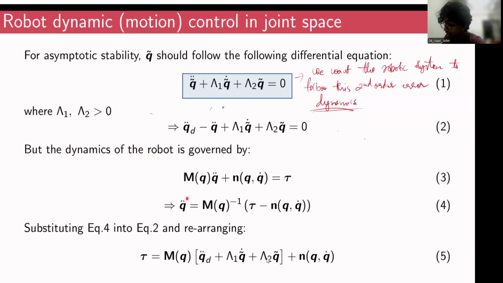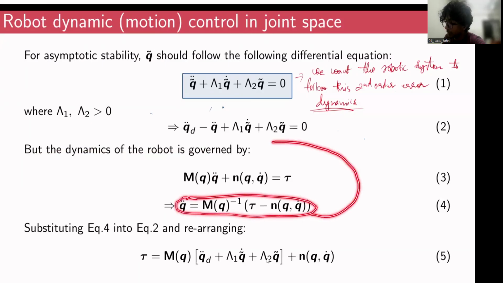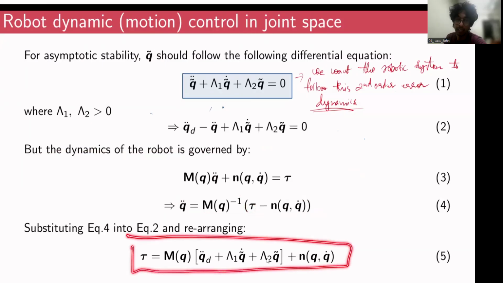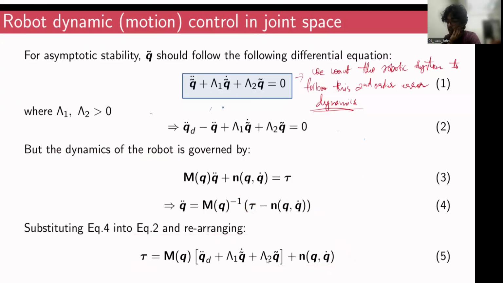So if you substitute this q double dot into this equation and solve for this control input tau, you would get this final equation like so.